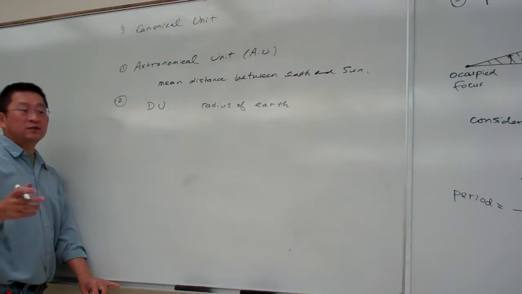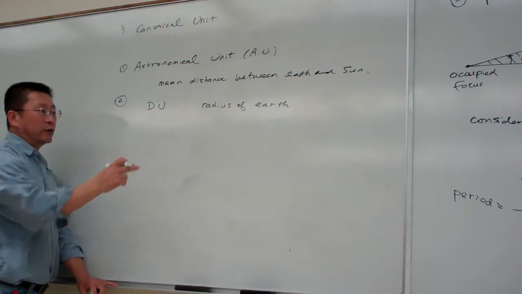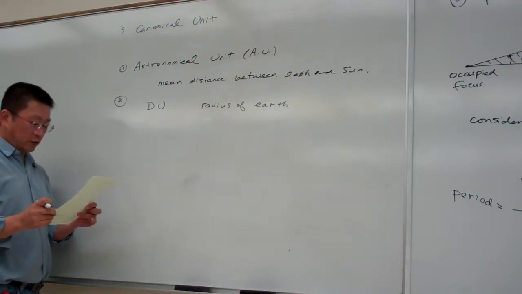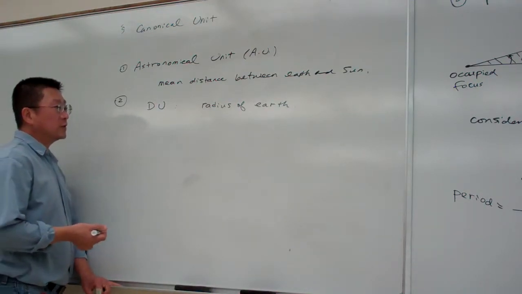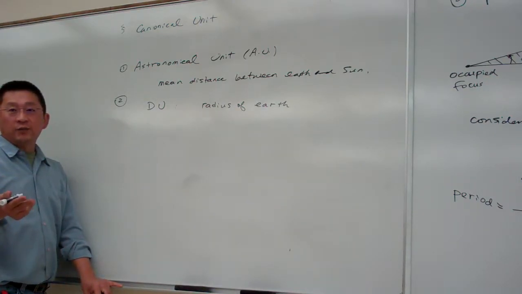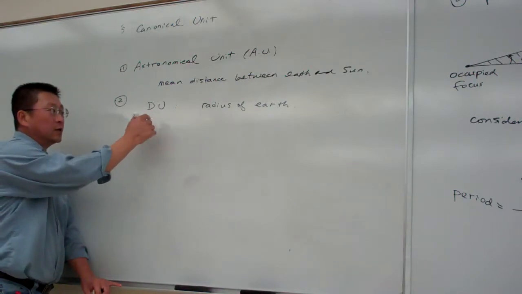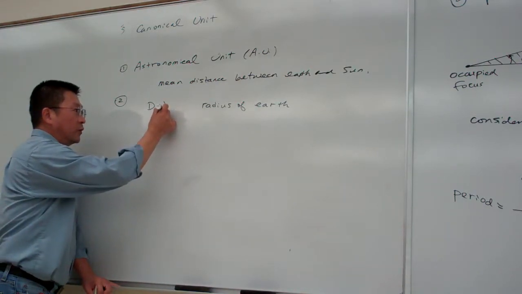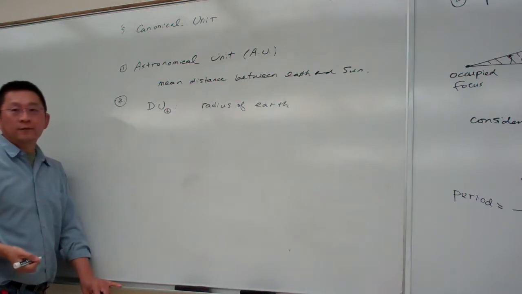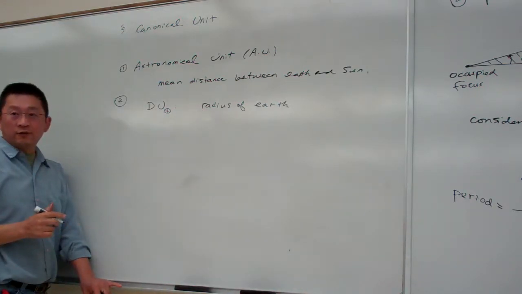So when describing the distance of the satellites, we can scale it by the radius of the Earth into DU. Different textbooks more commonly use this one. And here in specific, if people put the symbol like this, it's indicating a unit referring to the radius of the Earth.